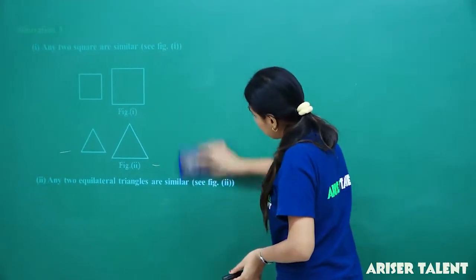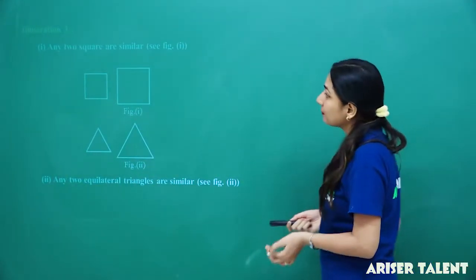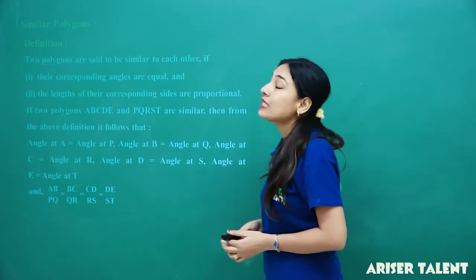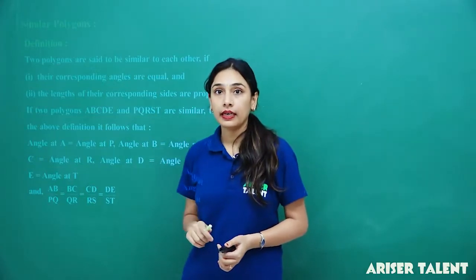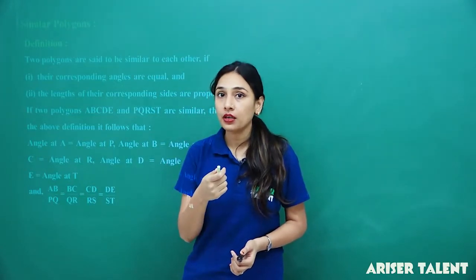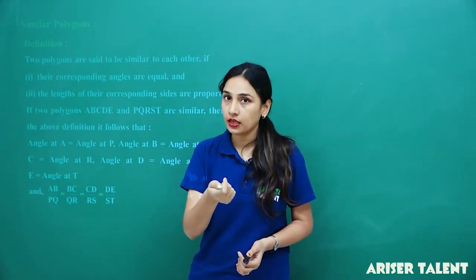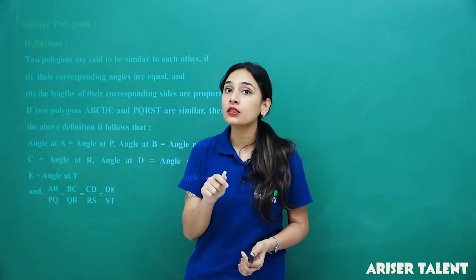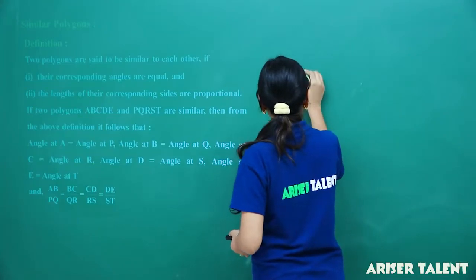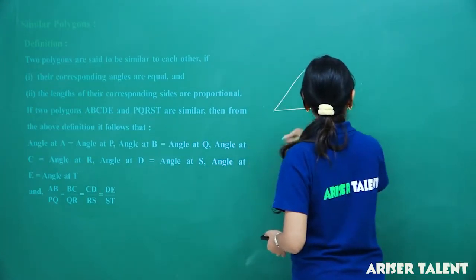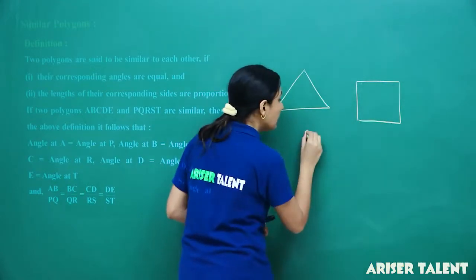So what's next? Let's see. Similar polygons. Now, what are polygons? If we have any closed figure in which we have more than 2 sides, then we call it a polygon. Now, understand this. I am drawing a triangle here, a square, a rectangle here.